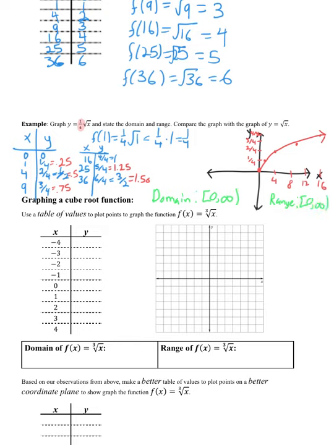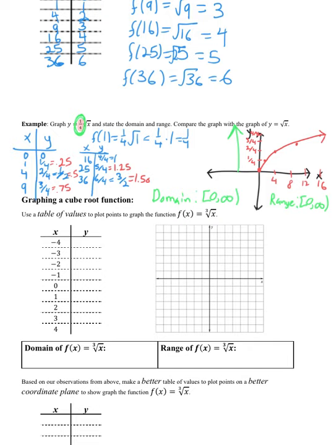Again, that's because we can see the y values are going up from 0, but just going slower. It's going at 1/4 the rate that it was going on the parent function. That's the big difference here.